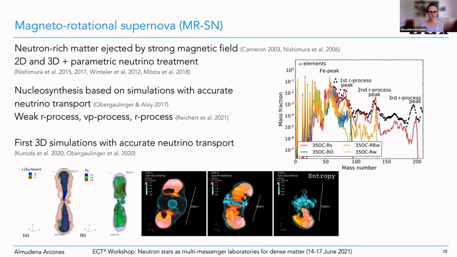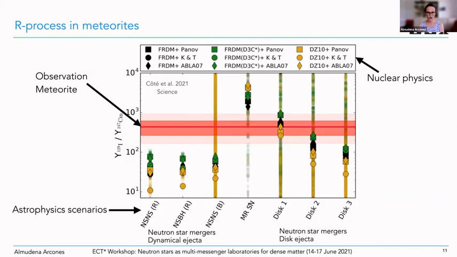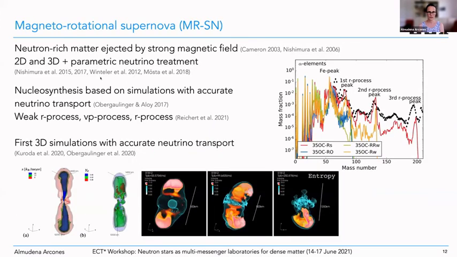So this is something that has been investigated now for some years. There were some 2D and 3D simulations with some simple neutrino treatment, and the one here corresponds to the simulations of Pintelon et al. And now we have also calculated the nucleosynthesis based on simulations with accurate neutrino transport. The simulations are from Martin Obergaulinger, and the nucleosynthesis was done by Moritz Reichert, who was doing his PhD here in Darmstadt.